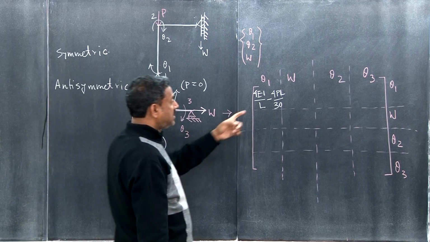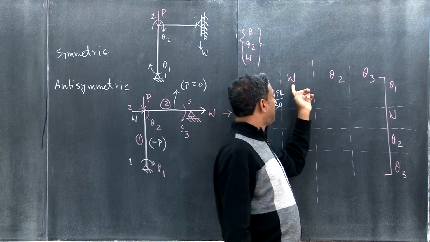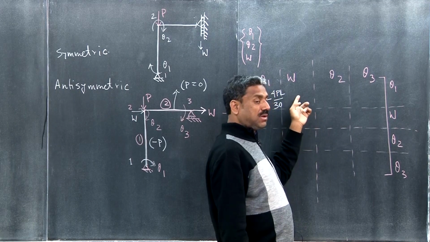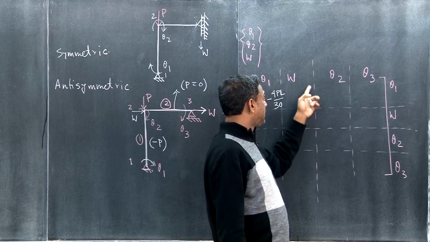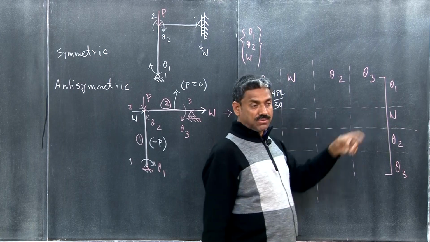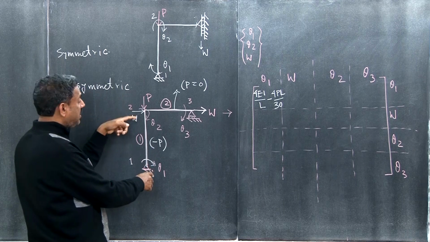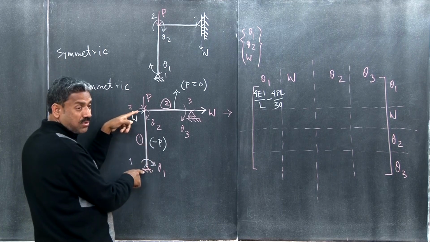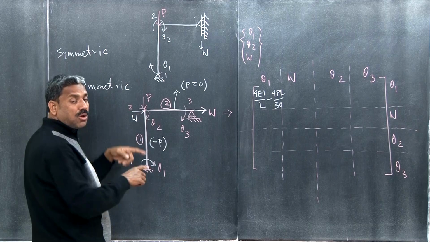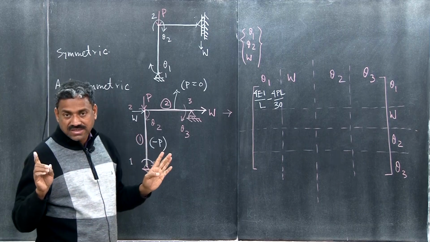Now, this block is between W and theta 1, so this is W and this is theta 1, belonging to two different nodes. All of you have done matrix method of structural analysis, right?